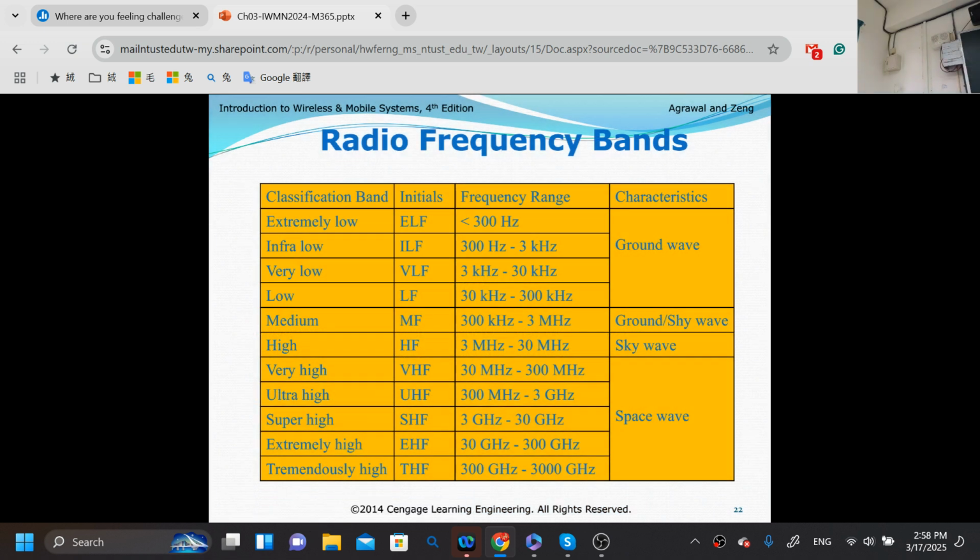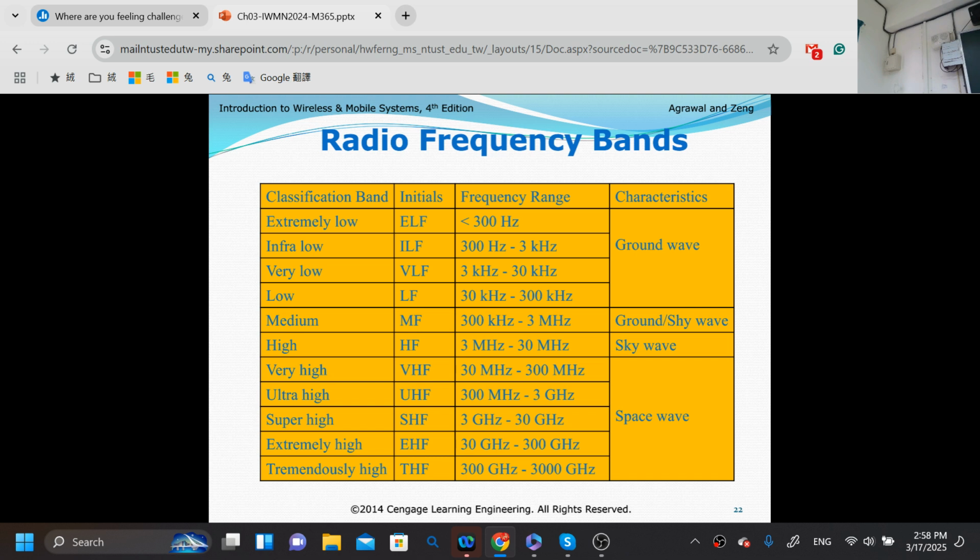Well, we have a lot of EM waves, but they don't have the same nature. We can pass on the frequency to have the frequency band, starting from 300 Hertz, and then multiply by 10.